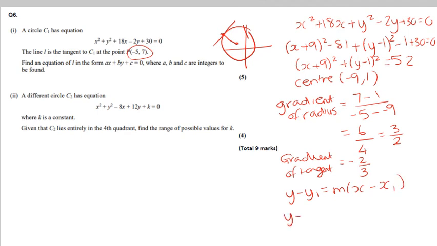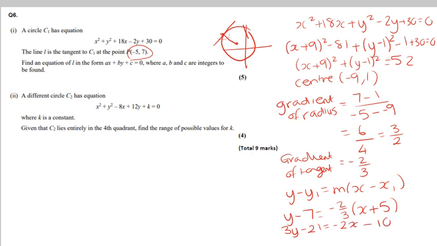So y minus, use the point that's on the circle, so you can't use the centre, you've got to use this point here. So y minus 7 equals minus 2/3 (x minus 5), so plus 5. Times it all by 3 first, because it wants it in that form, ax plus by. So 3y minus 21 equals minus 2x plus 10.